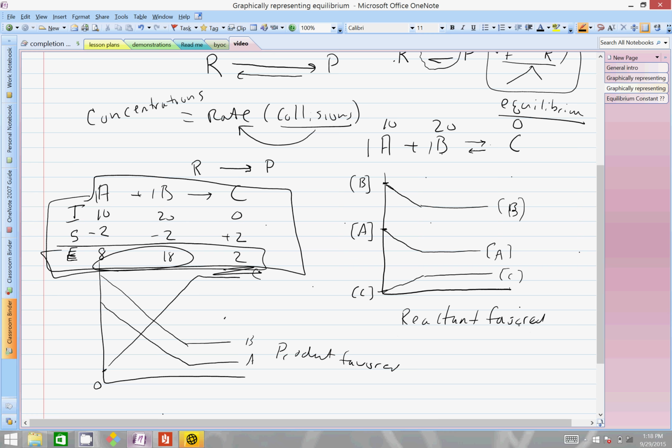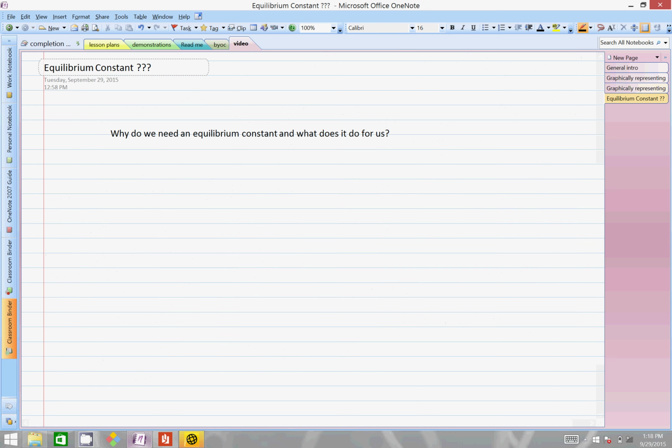Okay. Now, the last little bit here is we have this thing called an equilibrium constant, K. And the question might be, why do we need an equilibrium constant, and what does it do for us? Well, if a reactant goes to completion, it makes it pretty easy to figure out how much we're going to get.